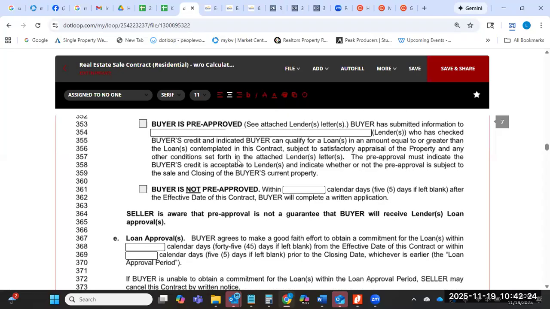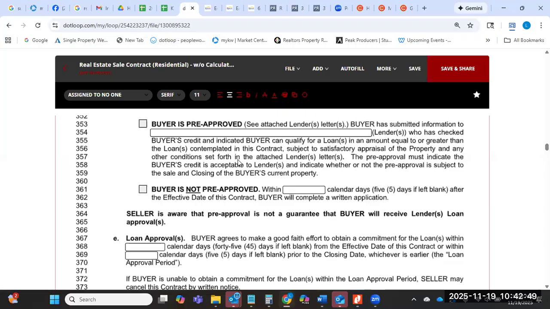You're going to be checking the box on line 253 and, on line 254, putting the lending institution and the loan officer's name. Didn't deal with this the other day. I deal with this in my pre-license class and in some of the contracts classes. If your buyer has gotten a pre-approval letter from a lender that the seller or the listing agent doesn't want to work with, that's a negotiable item.